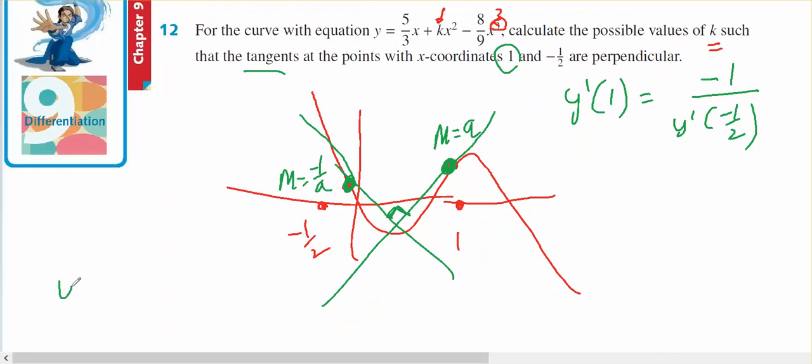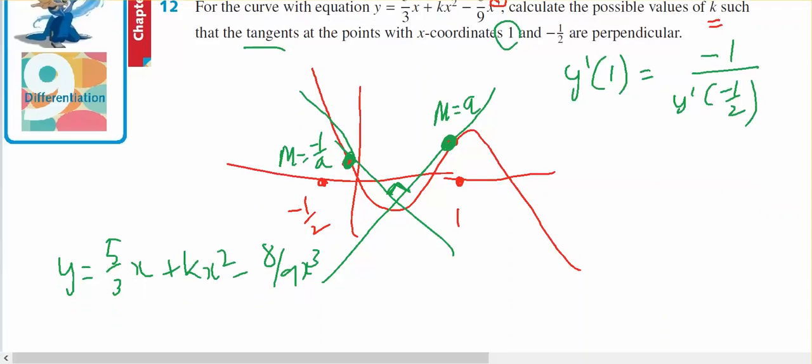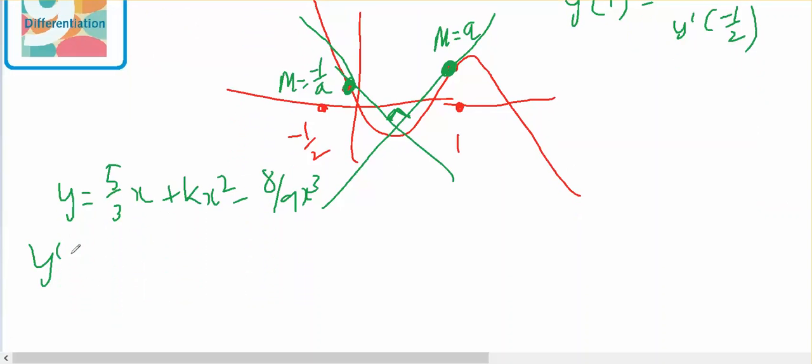So y equals 5/3 x plus k x squared minus 8/9 x cubed. And if I then take the derivative, I get 5/3 plus 2kx minus 8/3 x squared.